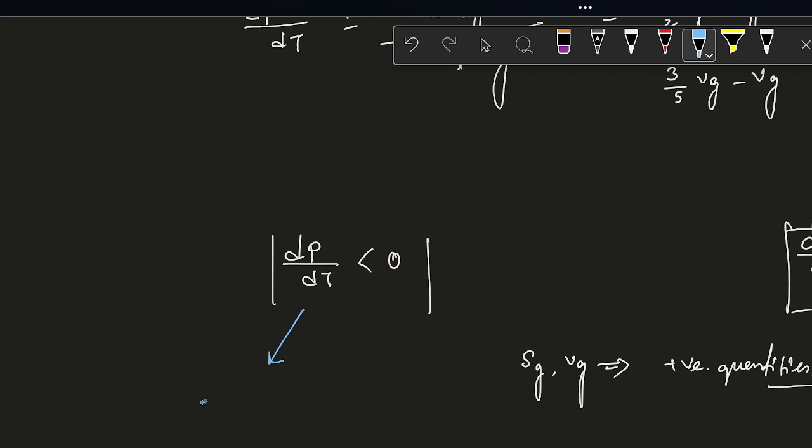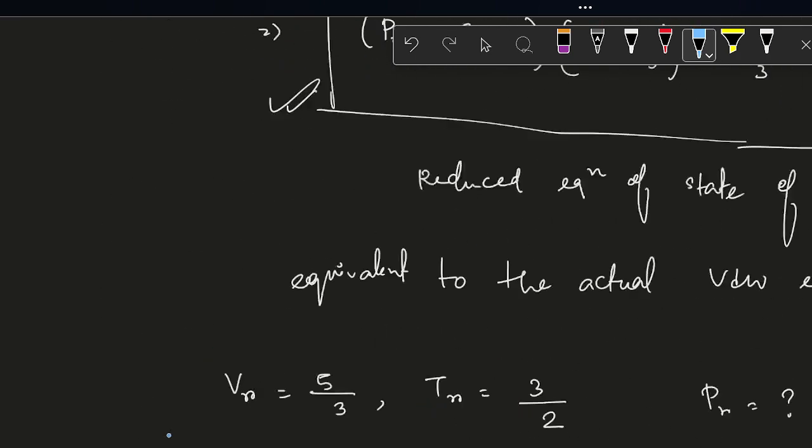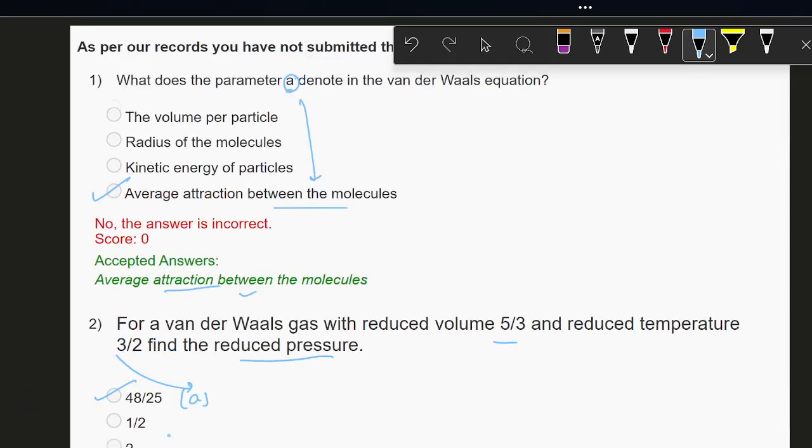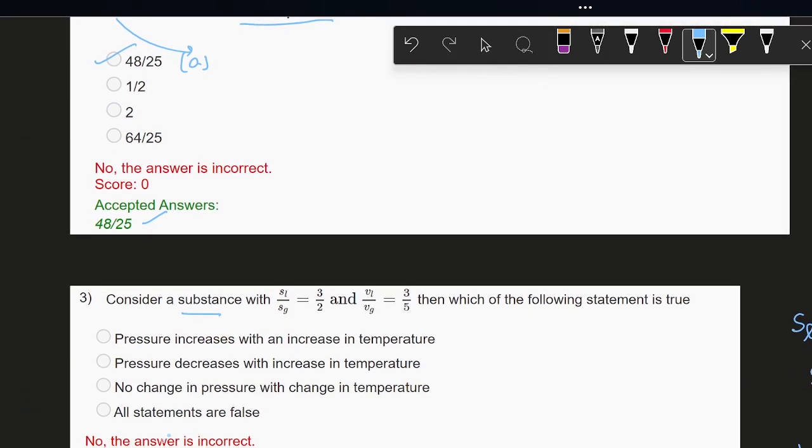So what will be your answer? This was given in one of the options. The option that pressure increases with increase in temperature is wrong, because in that case dp by dt would have to be positive, but that is not what we have achieved.